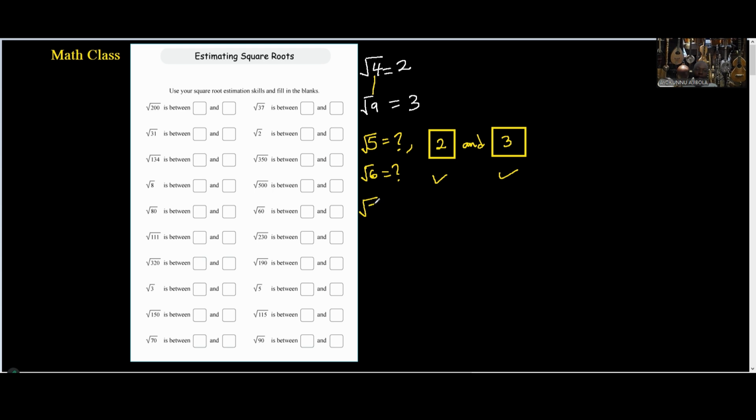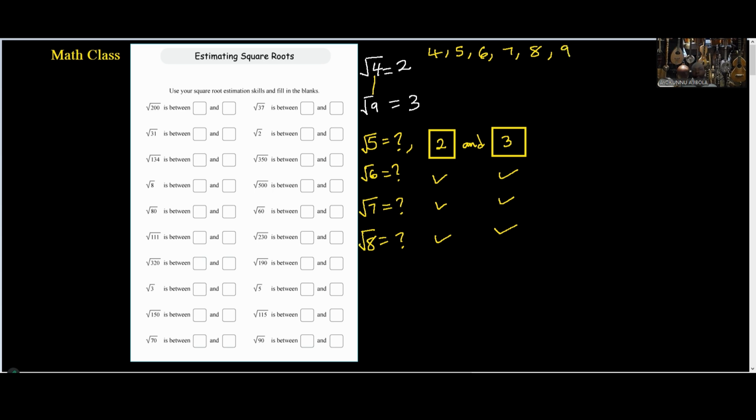Same thing goes for square root of 7. In as much as it's less than 9, it cannot be 3. Square root of 8, what should it be? It will also be between 2 and 3. I'm counting numbers from 4, 5, 6, 7, 8, 9.